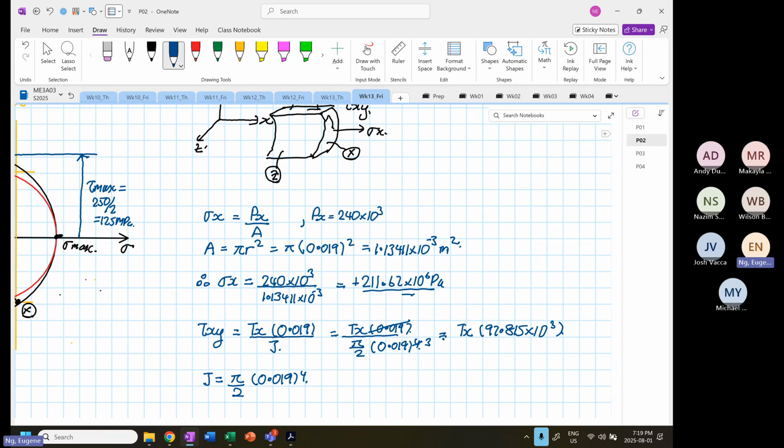Let me do it again. So 2 divided by pi divided by 0.019 power 3. Yep. Okay. So you have your shear equation. So this is what we want to find. But in order to get that, you need to determine what is your shear XY.